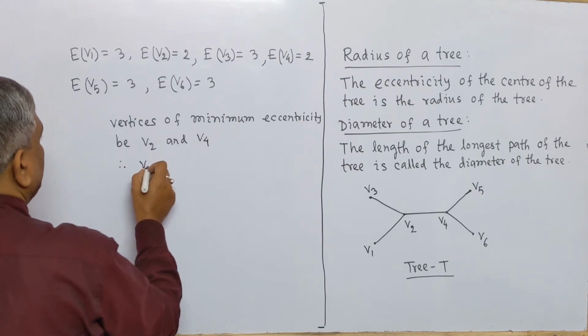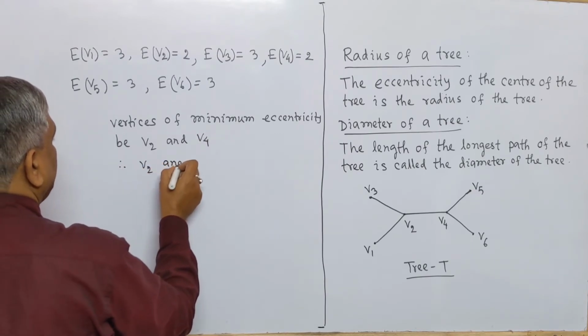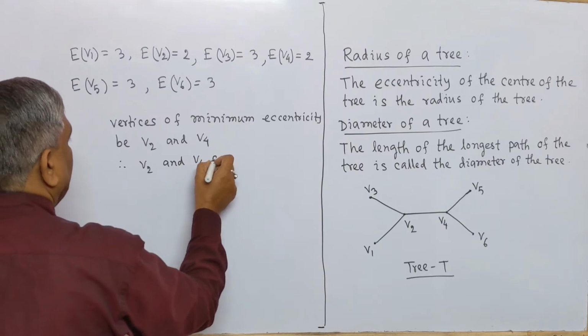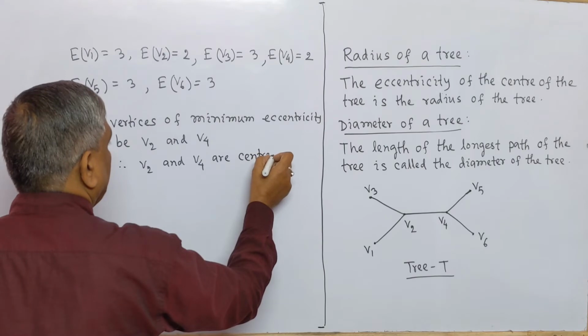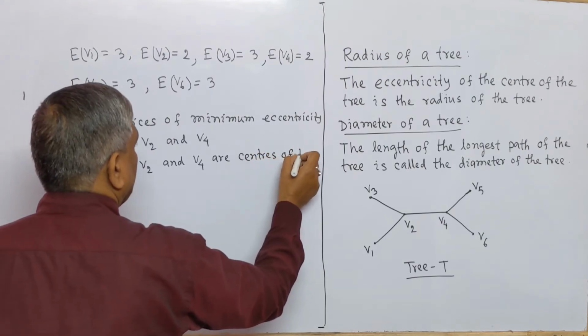Therefore, V2 and V4 are centers of the tree.